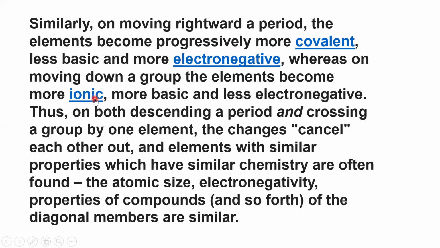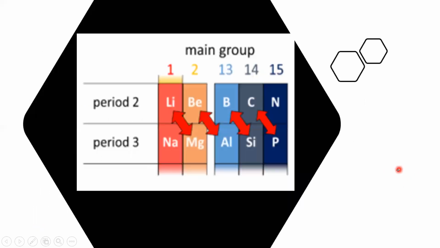So they are mostly ionic, more basic and less electronegative. Thus, on both descending a group and crossing a period by one element, the changes cancel each other out, and elements with similar properties, which have similar chemistry, are often found. The atomic size, electronegativity, and properties of the compounds of the diagonal members are similar. So why are they diagonal? Because of these points only. They have similar properties.